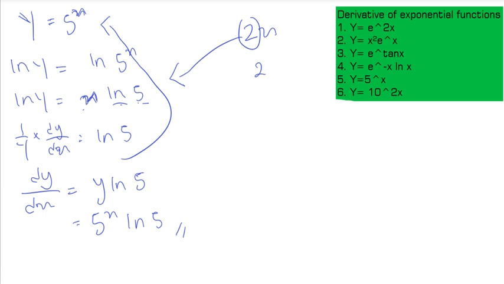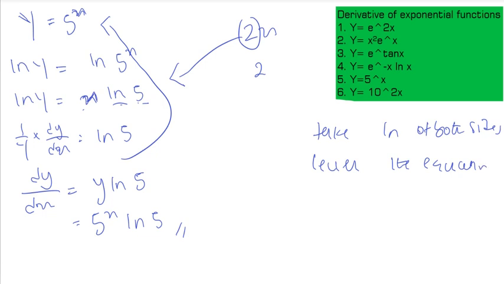The first thing you need to do is take the natural log of both sides, then level the equation. What I mean by level the equation is bringing this power of x to the front of the natural log.